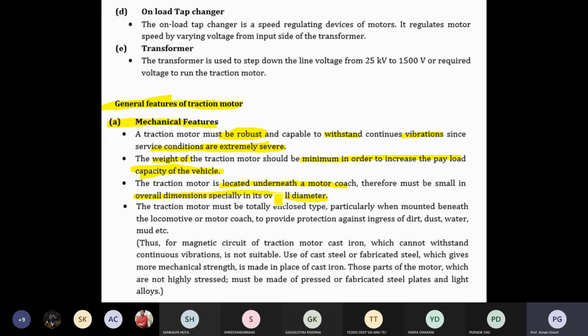The motors are normally installed just below the motor coach, and the overall dimension should be moderate in nature. What do I mean by moderate? It should be accommodated within the given specifications.